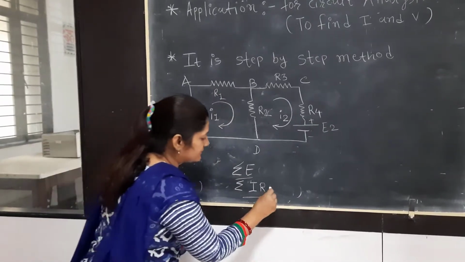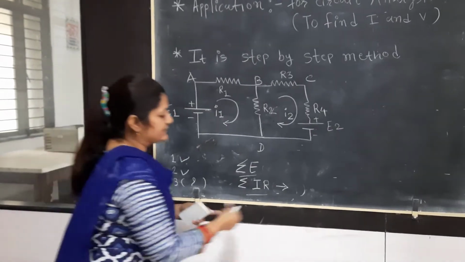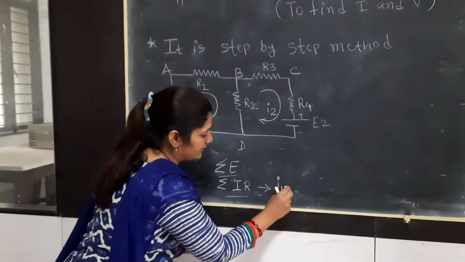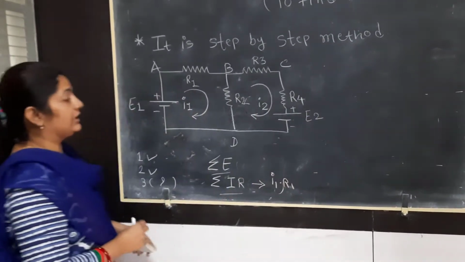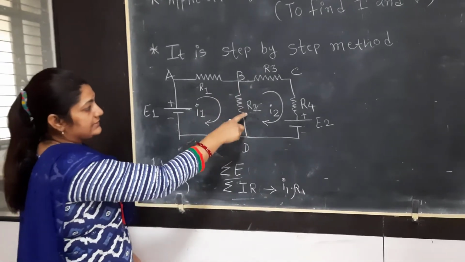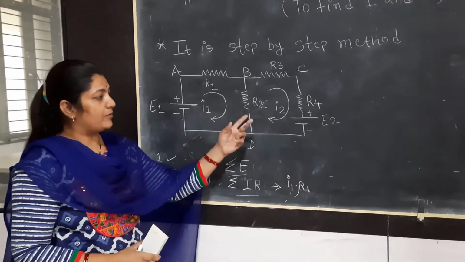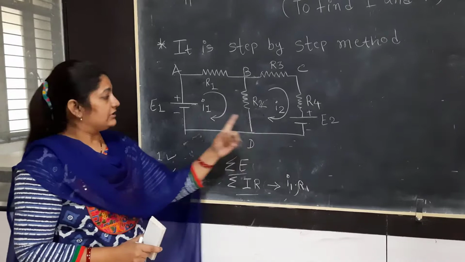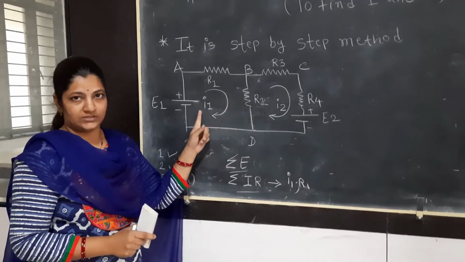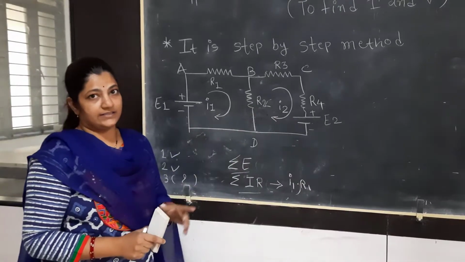So with this we have the first drop term for mesh 1, that is I1 into R1. Move forward after point B. After point B, this is R2. Now if we observe this R2, this is the common branch between both meshes. So I1 is not the only current responsible for the drop, I1 and I2 both are responsible.